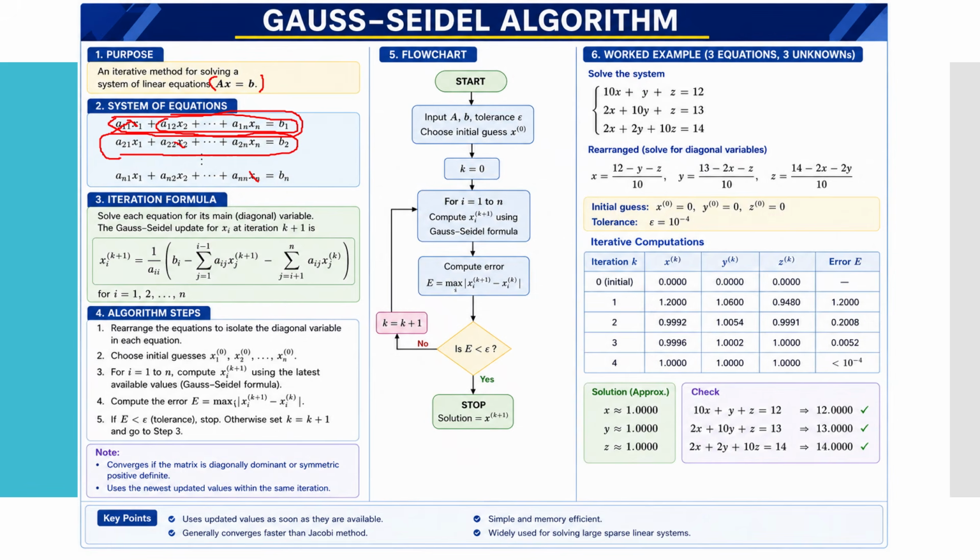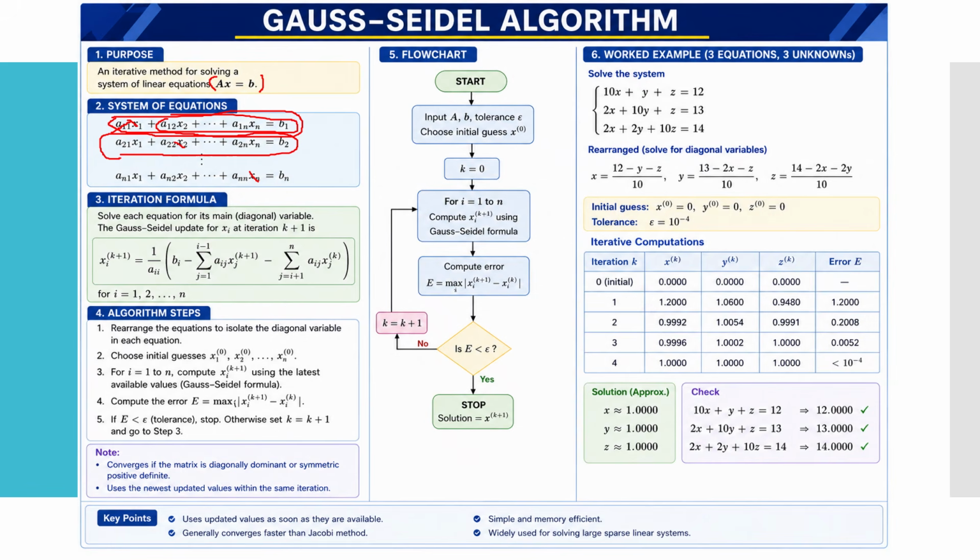So from this equation we have around 6 components. x_i^(k+1), the next iteration of x_i, is obtained as the ratio of a_ii, a constant coefficient of the diagonal variable, and b_i, a constant, minus the summation of a_ij x_j^(k+1) starting from j equals 1 to i minus 1.